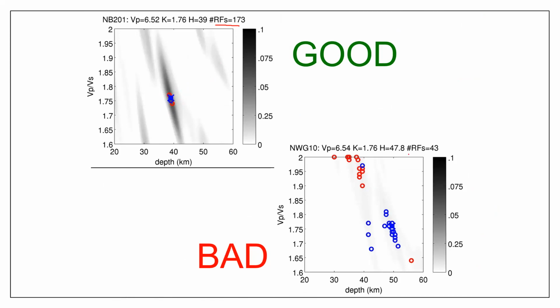But when you have a low number of receiver functions, there will be uncertainty in your results, and you may not be able to estimate the correct value of the Vp/Vs ratio and the Moho thickness.